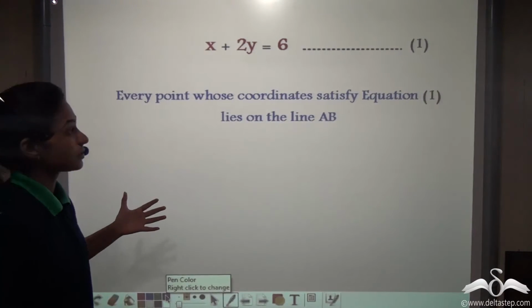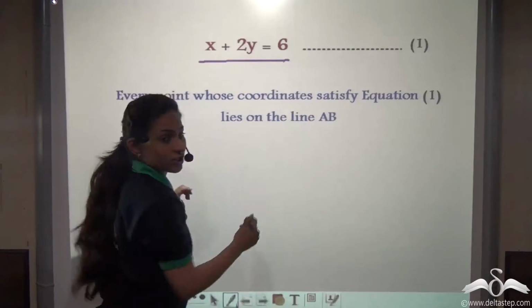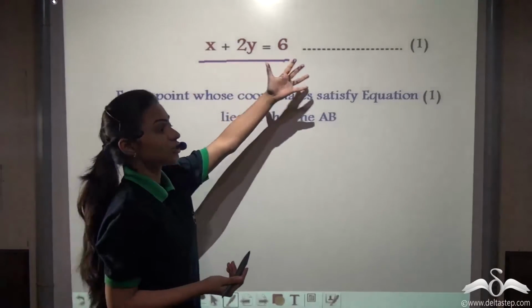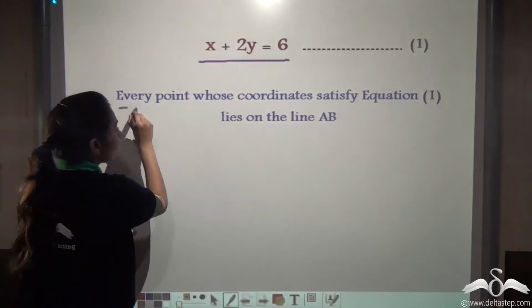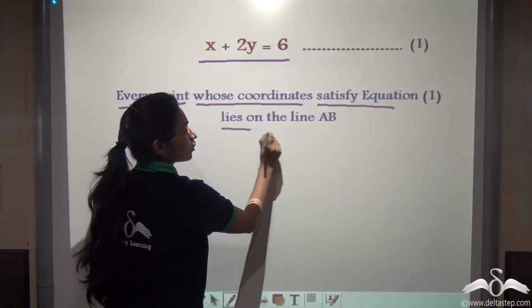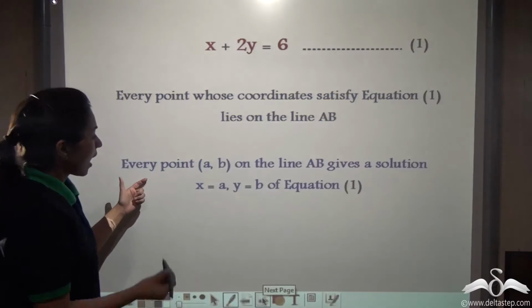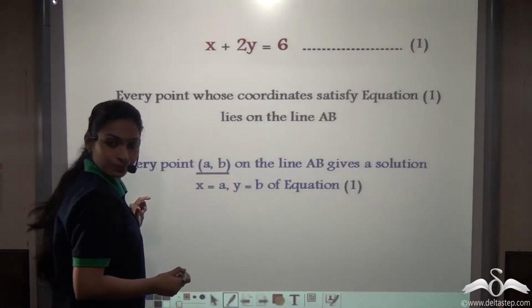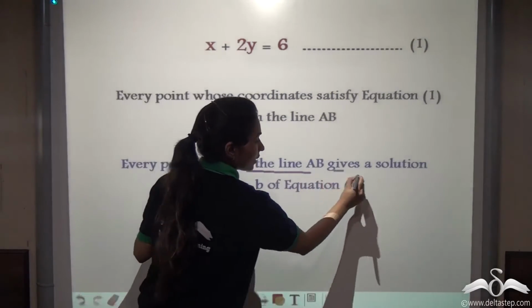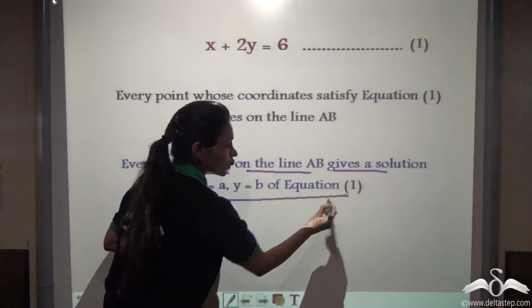So let us summarize. x plus 2y is equal to 6. If this is an equation, let's name it equation 1. Then every point whose coordinates satisfy equation 1 lies on the line AB. Just now we have seen. Every point (a, b) on the line AB gives a solution x is equal to a and y is equal to b of equation 1.